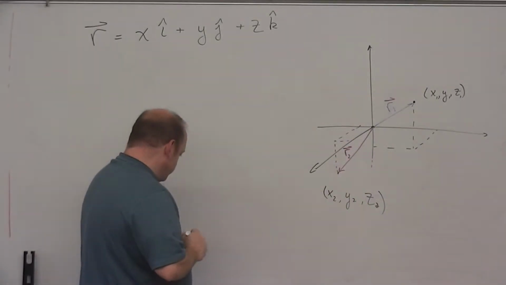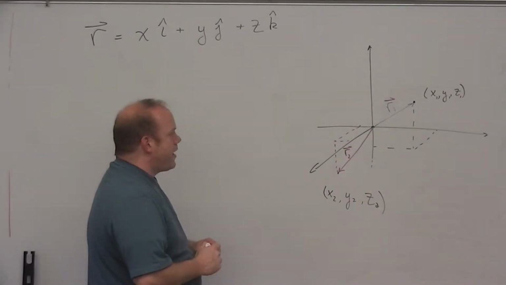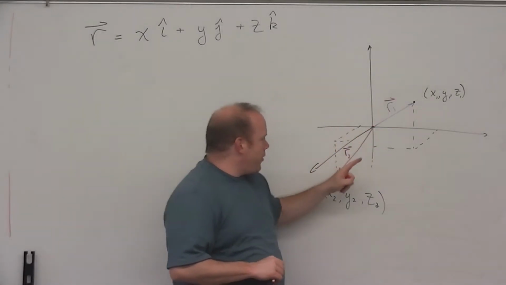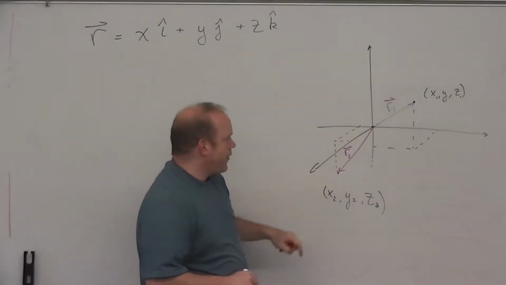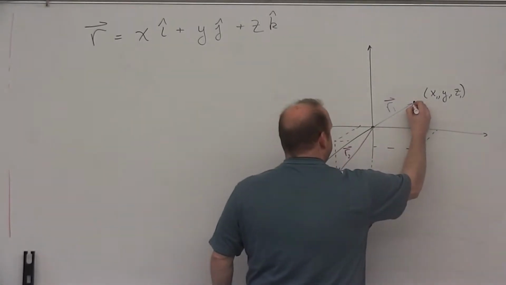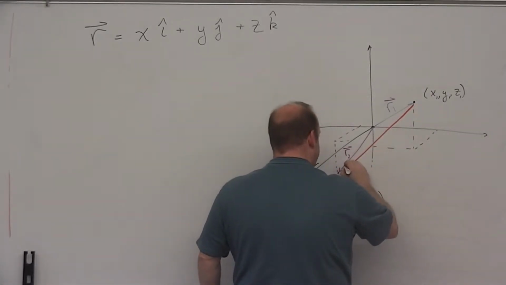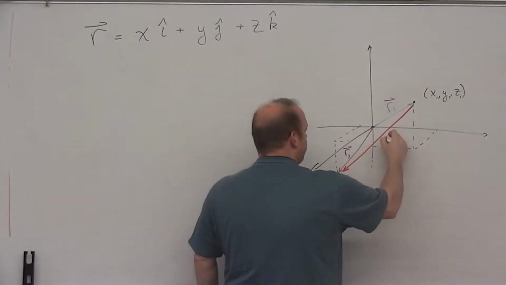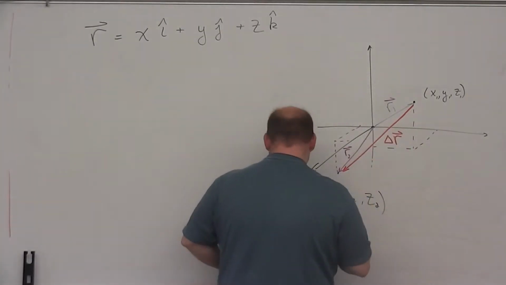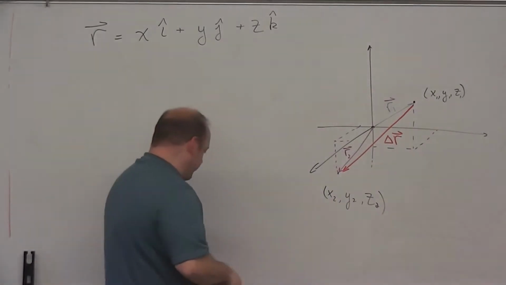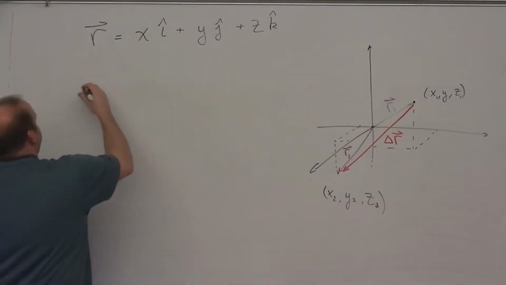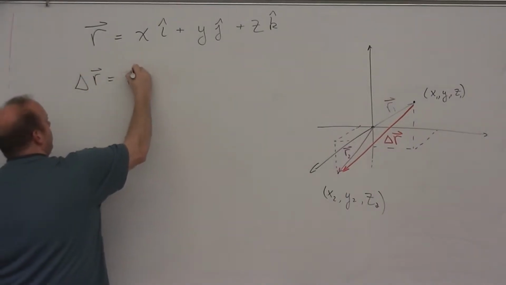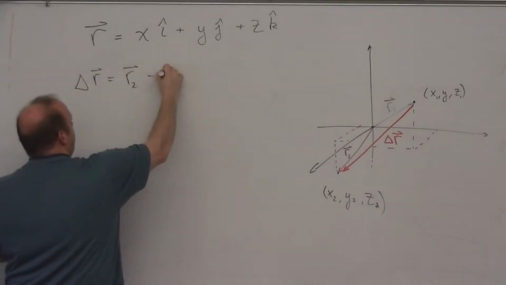Okay, so now, if I want to figure out my displacement between R1 and R2, it would just be a line that points in that direction. This would be your delta R. Now, delta R is a displacement vector, and it's going to be R2 minus R1.